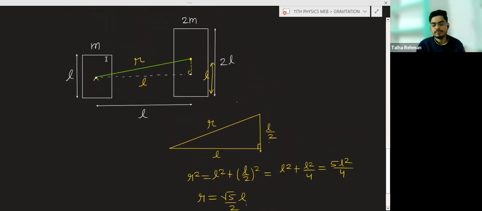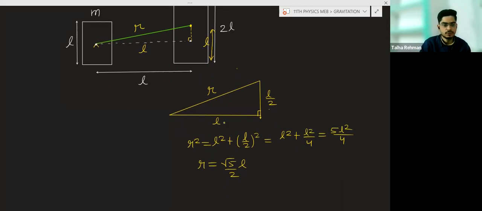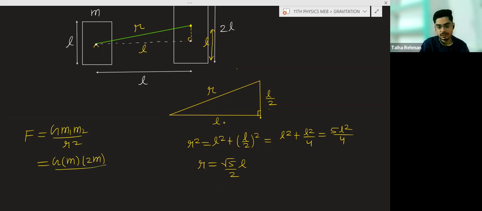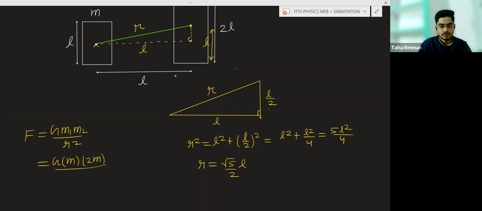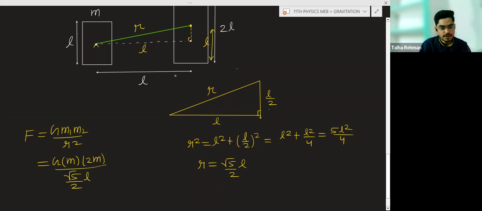You have masses M1, M2, and you have R, so you can find the force. F is equal to G M1 M2 divided by R square. M1 is M, M2 is 2M, and the central distance is root 5 divided by 2 into L, squared.